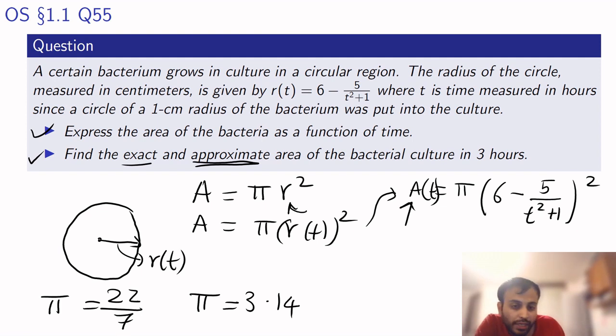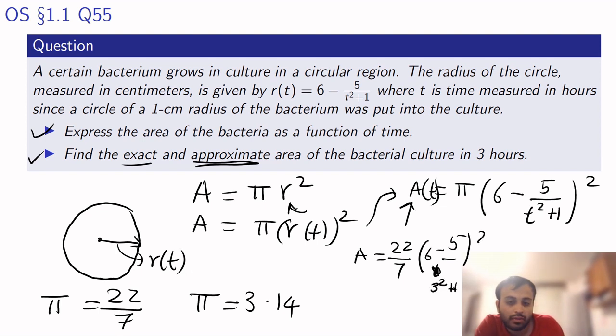So if you want to calculate the exact area, then what you have to calculate is 22 by 7 times (6 minus 5t) where you replace this t with 3 square plus 1, and then you square it. Let me write it in a better form.